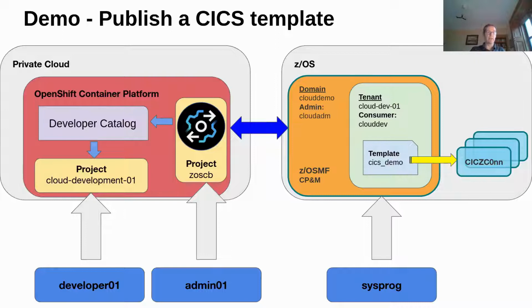Now, the developer catalog is central to the OpenShift Container Platform. That's typically a set of deployable, containerized resources, which developers are used to picking and choosing what they need to build and test their application.